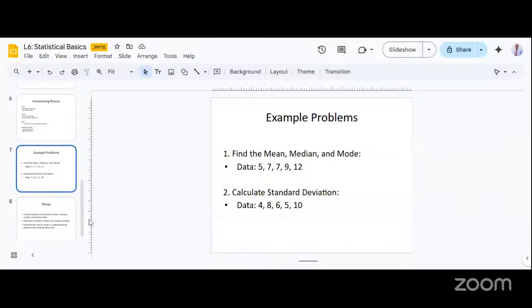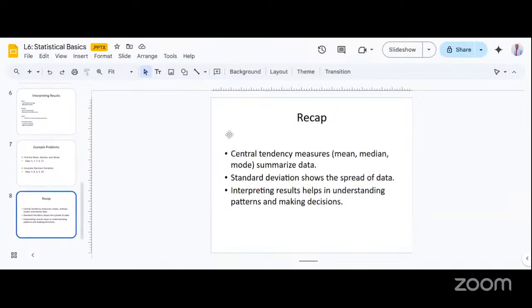So that's basically it. That's the statistical basics. Statistics is an important technical skill that a data analyst should have.